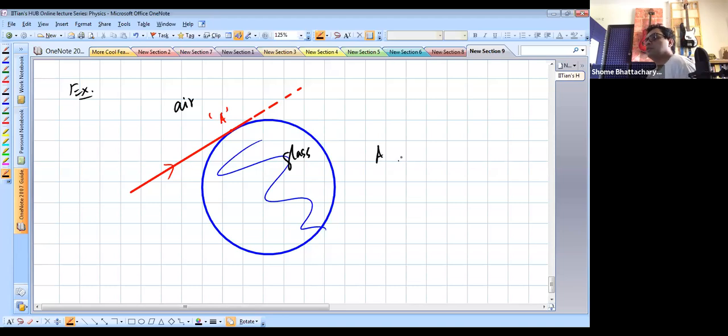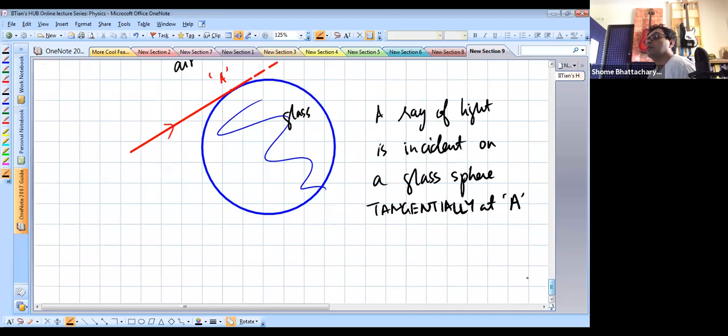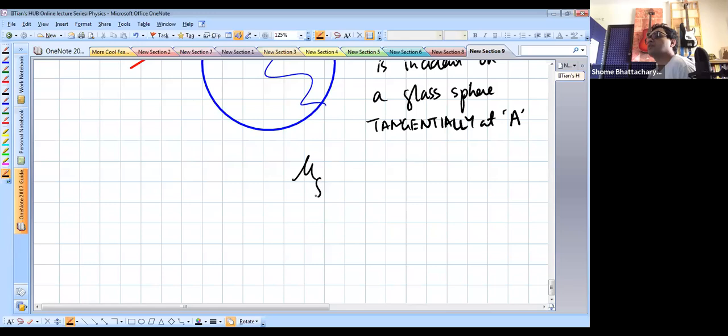Here this is what happens. A ray of light is incident on a glass sphere tangentially at the point E. Now the refractive index of glass is, let us say for this one, 5/3 or approximately 1.67.